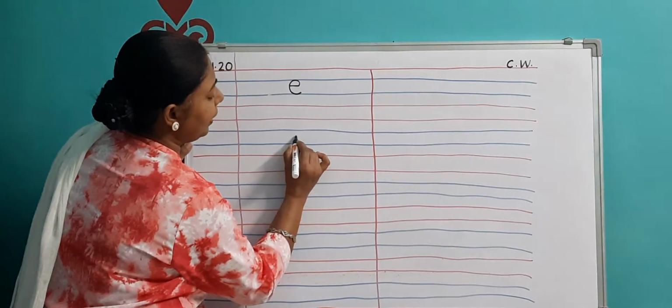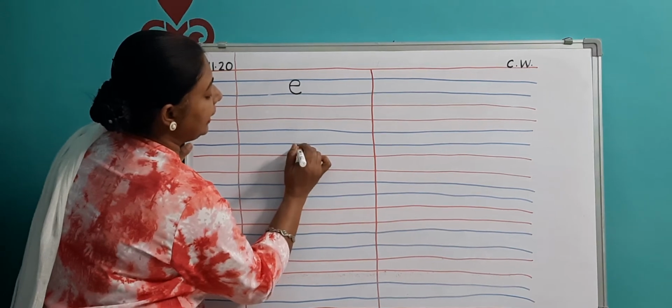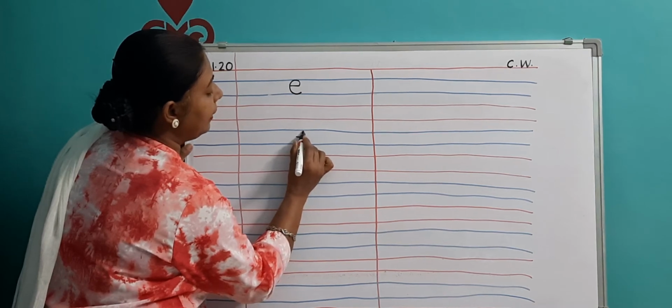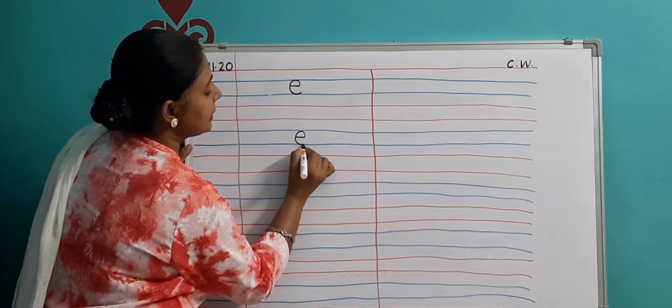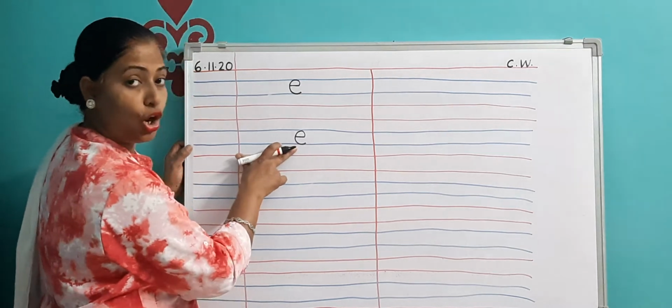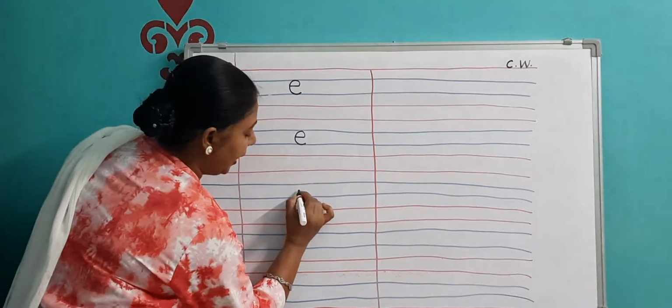Within these two blue lines, the second line and the third line, you draw a sleeping line like this, and then a semicircle like this, and stop. This semicircle should not come out of the line. Right, children? Again watch.